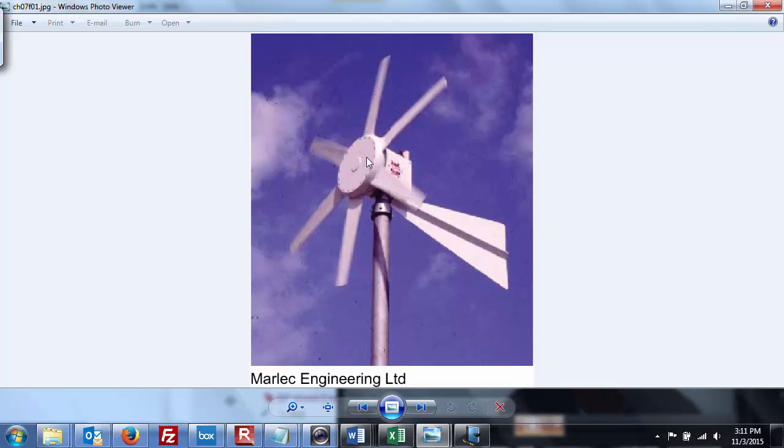But 70 watts, this thing's probably just like a foot in diameter. I mean, it's almost like a little toy. It's 70 watts. But on the other hand, in my opinion, just something's better than nothing. Better to have something out there making some renewable energy rather than relying on fossil fuels.